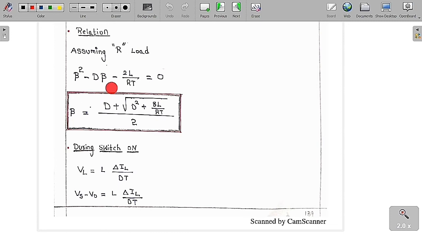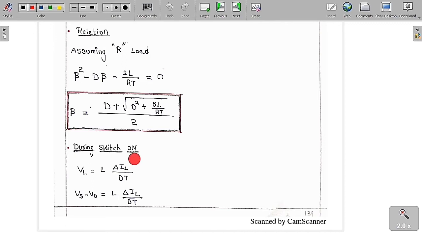If you apply the formula for ax square plus bx plus c equal to 0, the root beta is equal to d plus root over d square plus 8L by RT, divided by 2. So this is the important relation you need to remember.